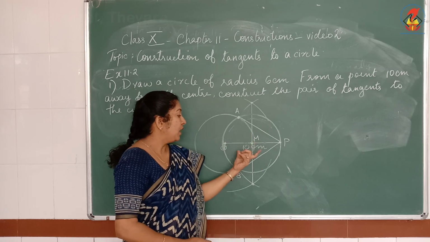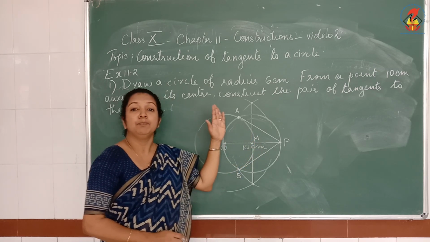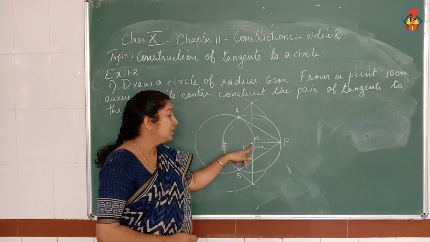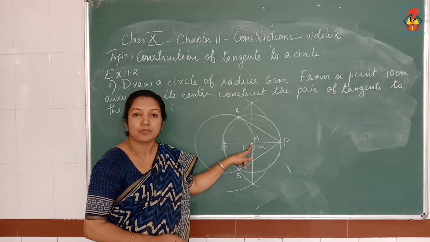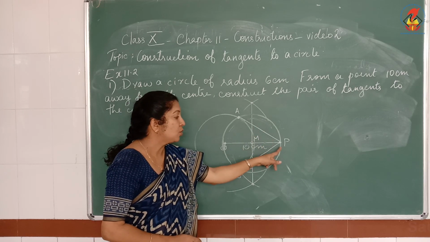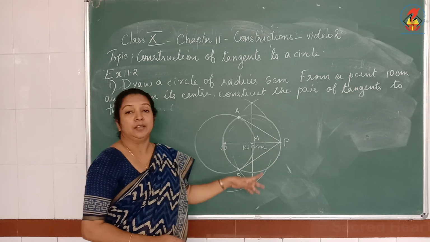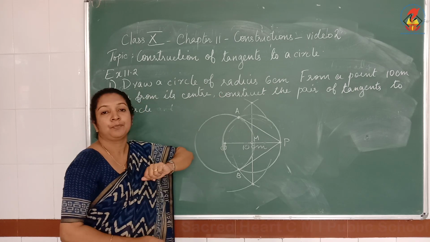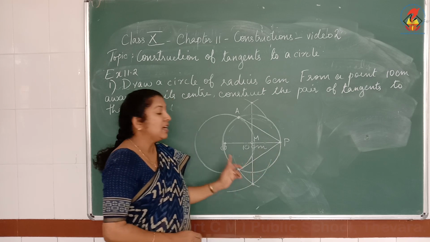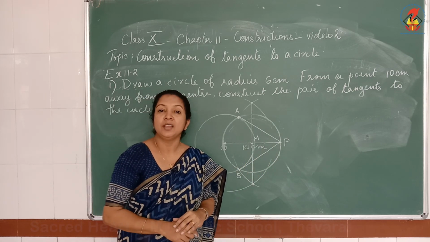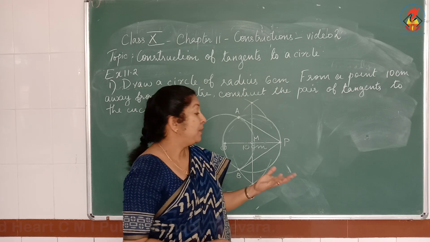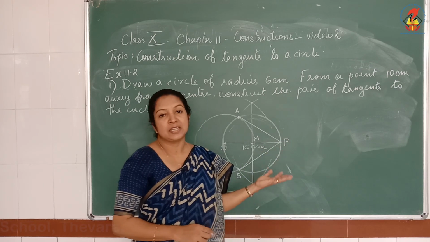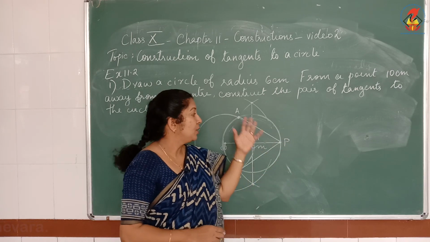For that, we drew the perpendicular bisector of OP and marked the midpoint as M. Then take M as the center and OP as a radius, draw a circle. These 2 circles intersect at the points A and B. Then join PA and PB. These 2 are the required tangents. The length PA should be equal to PB because tangents from an external point are equal in length. You can measure it.